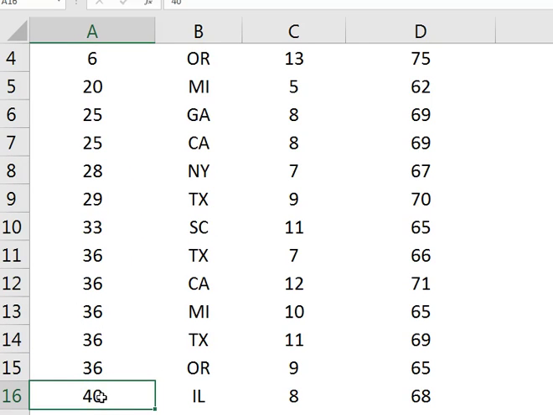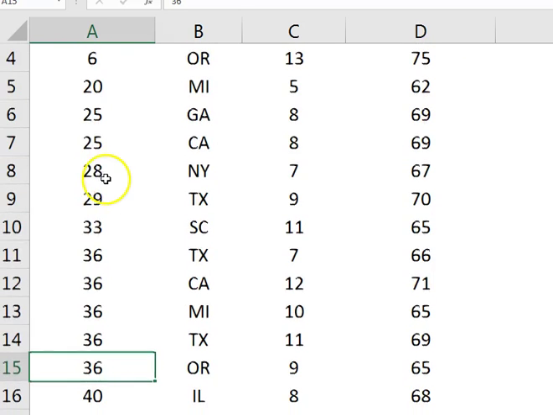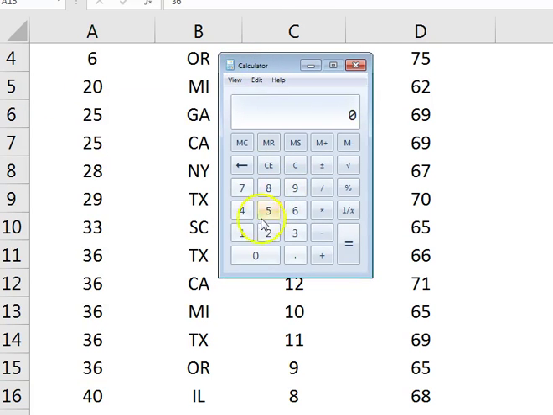So the problem said less than 40, so we don't want to include the 40, but it looks like then we have a total of 14 numbers less than 40, because our first row here is the header. So if it goes down to 15, that means there's 14 numbers. So that is 14 out of 35 that have a commute of less than 40.